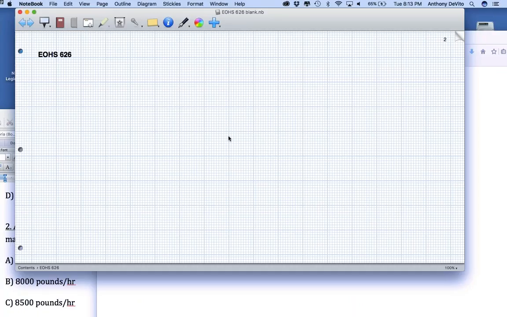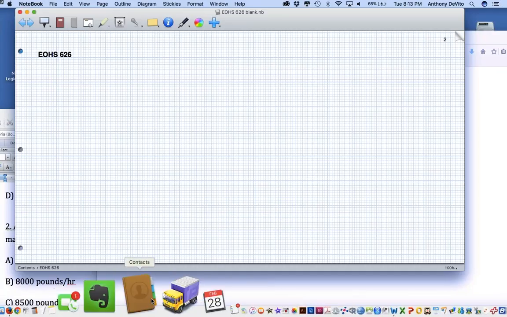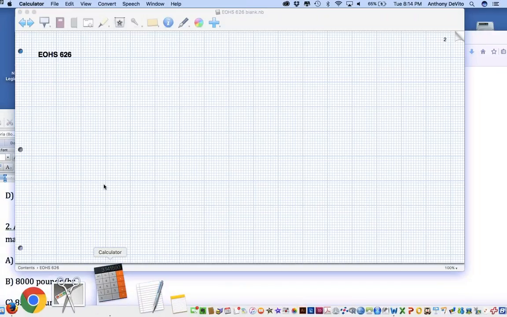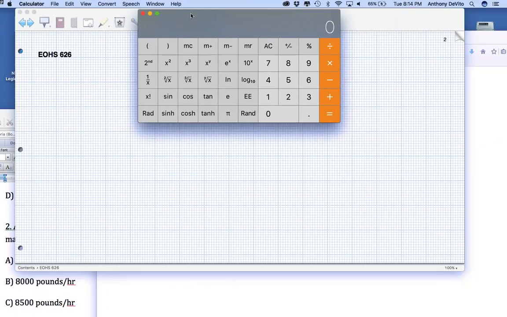Divided by 144, as you guys did for the other problem unnecessarily, I thought. 2 times 60 inches, the slot is 120 square inches, right? And I'm going to divide 120 by 144. So it's 0.833 square feet, right?